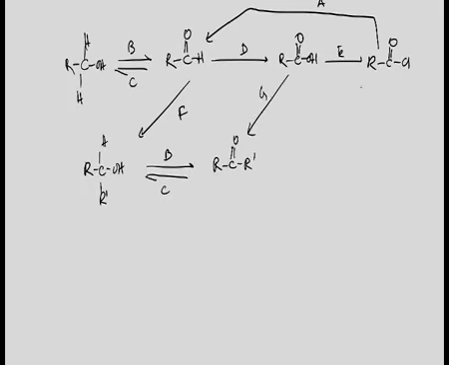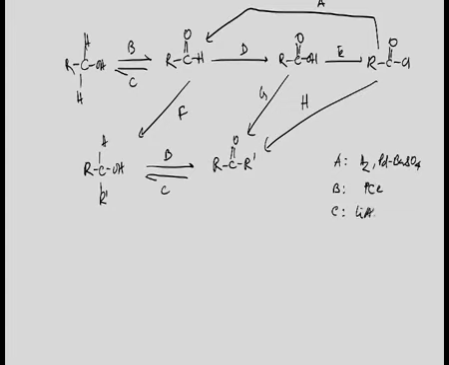From acid to ketone, from acid chloride to ketone. So what will be A? This is the Rosenmund condition, H2 palladium BaSO4. What will be B? B can be PCC. What will be C? C will be lithium aluminum hydride or sodium borohydride.